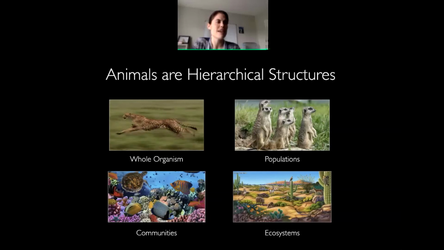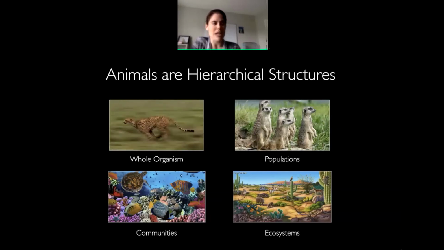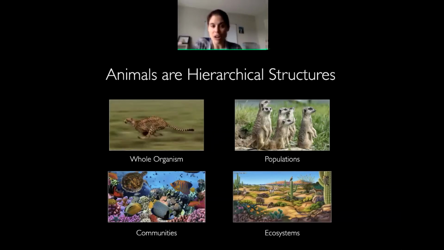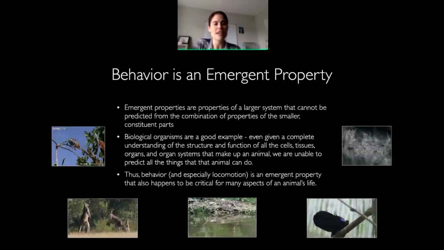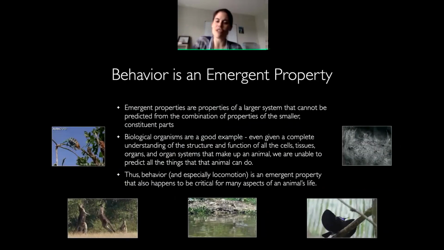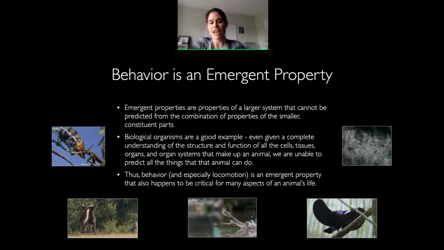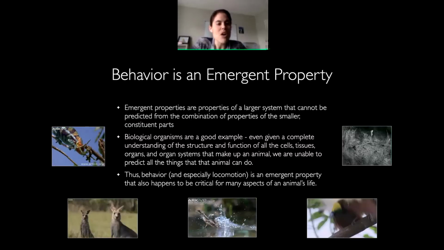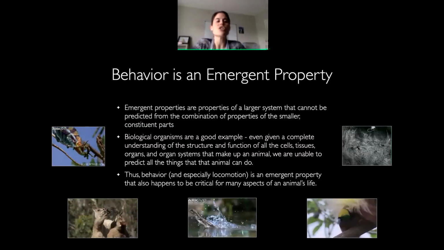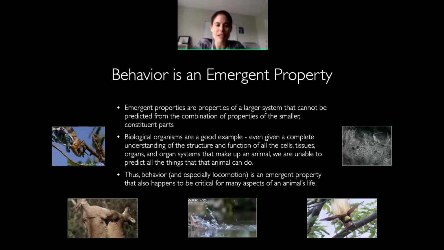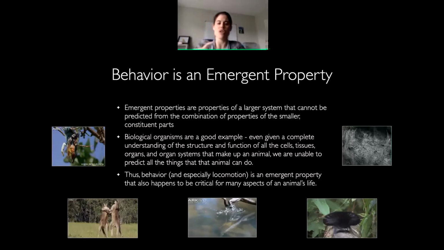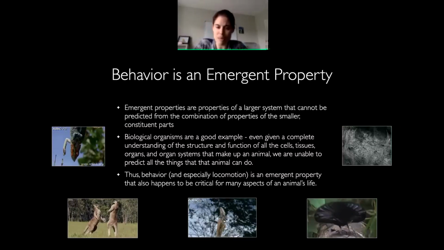Something that is interesting to me as a biomechanist and isn't represented in any single one of these, although the video kind of argues for it, is behavior. Behavior isn't a single, physical thing like all the other things that I was just talking about. It's an emergent property. Emergent properties are properties of a larger system that can't necessarily be predicted purely based on the combination of the smaller constituent components that are coming together.